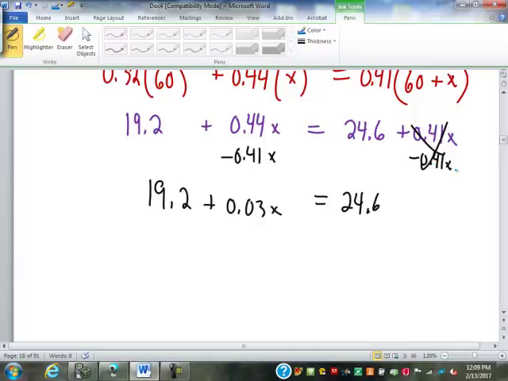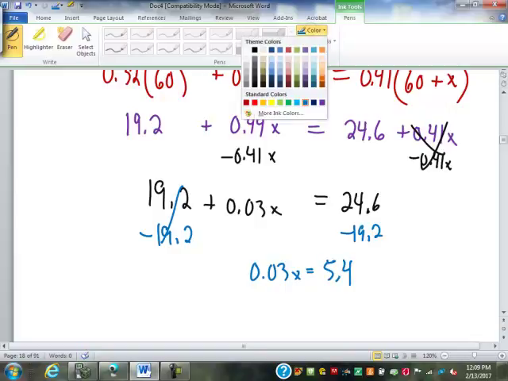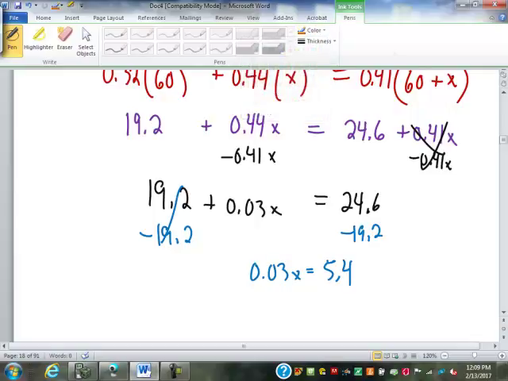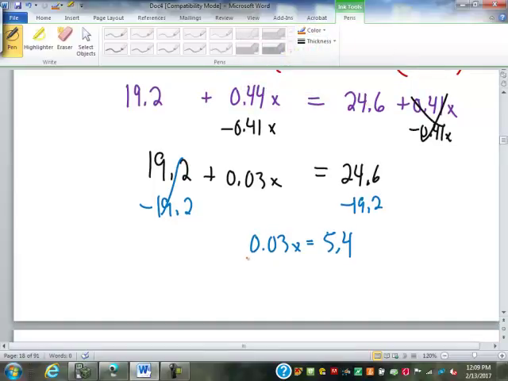To solve this equation, we would have to subtract the 19.2. So we've got 0.03X equals, that comes out to be what, 5.4? And then what do we have to do? Perfect. Divide by 0.03. So X equals 5.4 divided by 0.03, which is 180.